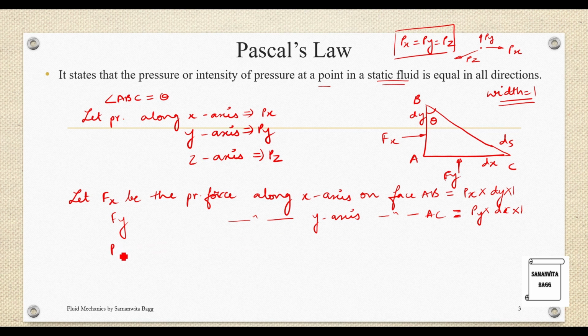And when I talk about Fz, this will be the pressure force along z axis on the face BC. This is very important, this force is Fz. So this will be nothing but Pz into the length ds, and in the perpendicular direction this value is unity. So that's how we define the pressure forces on this body.